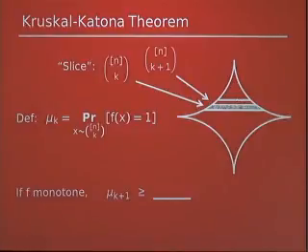And in fact, it's a very trivial exercise to prove that the density must go up as you go up the slices. So it's very trivial to prove that the density of a monotone function at level k plus 1 is at least what it is at level k. Okay. The point of Kruskal-Katona is to give a better statement than that, to give a sharp statement.